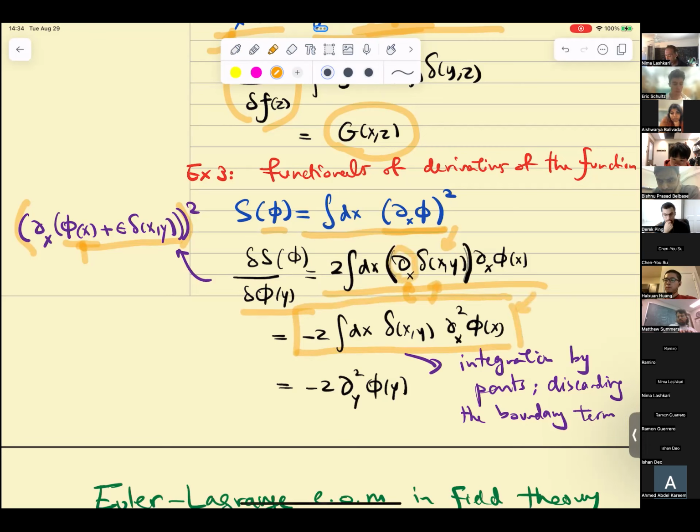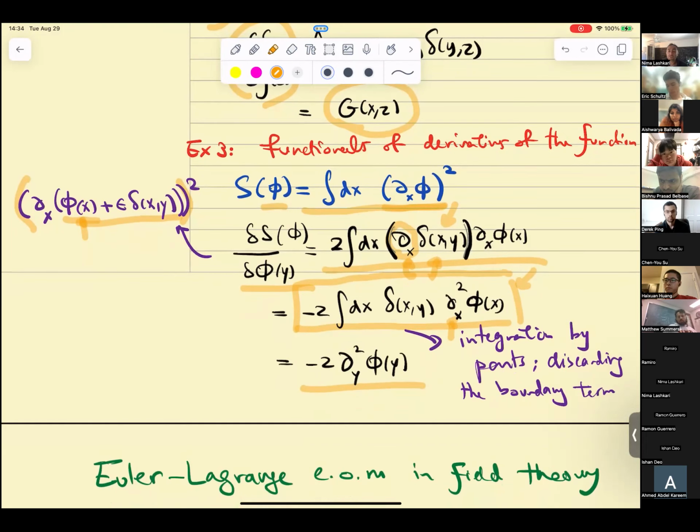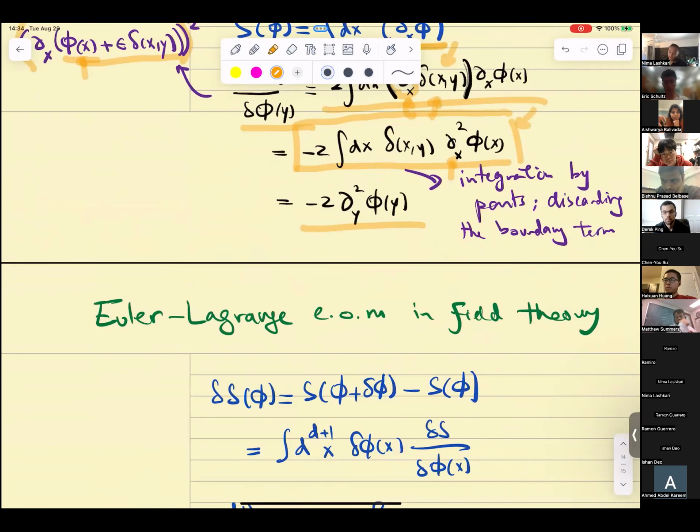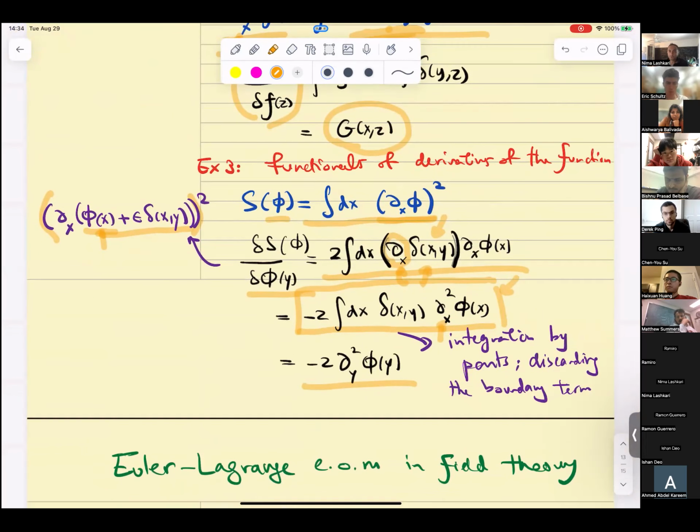The del x is now flipped and put on phi of x, right? And when you do the integral, you get the second derivative of phi of y at point y with a coefficient of -2. I encourage you guys to walk through this slowly, because it is an integral that we're going to be doing over and over and over again all the time.